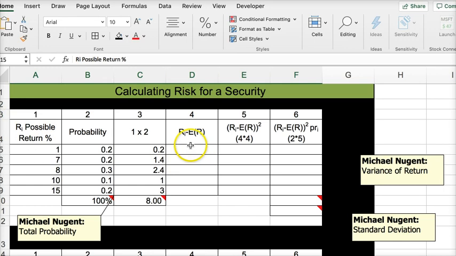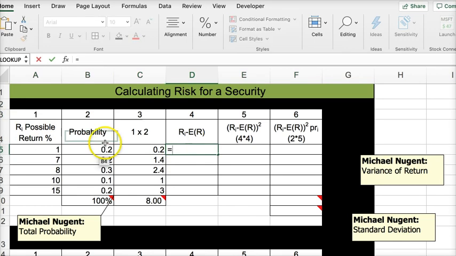For column 4, we're going to say r sub i minus the expected return. And I'm going to make this a little bit easier, I'm going to put a dollar sign in front of the C and in front of the 10 so I can drag this down.